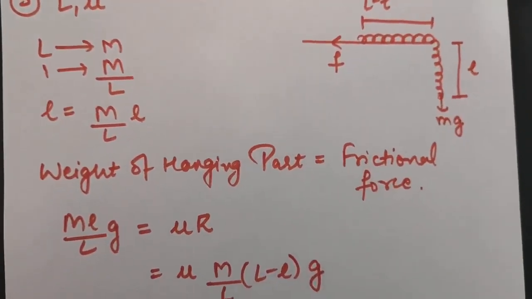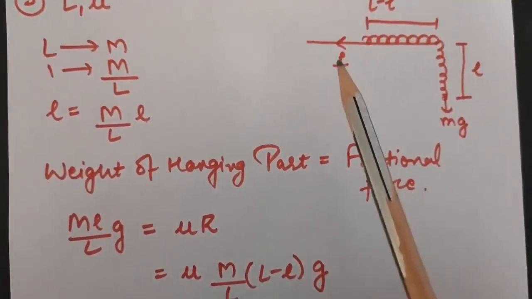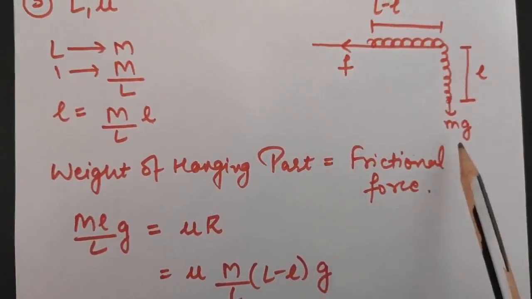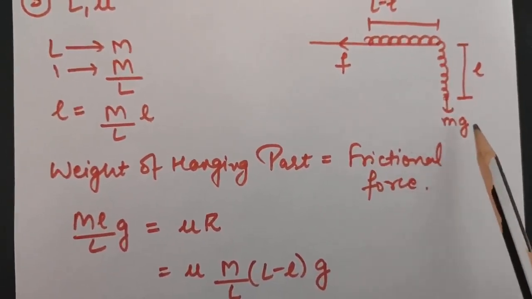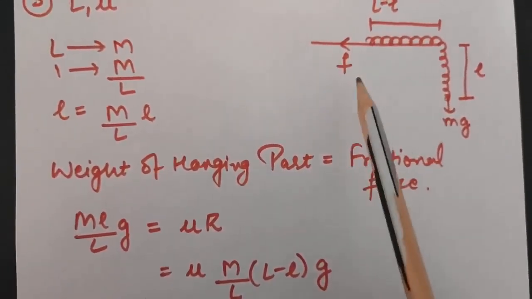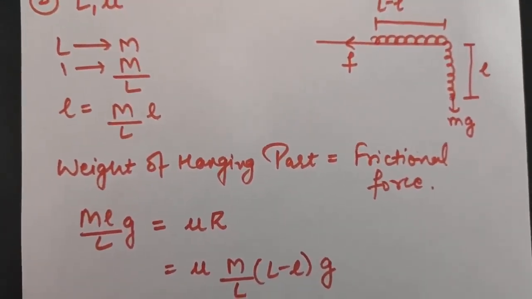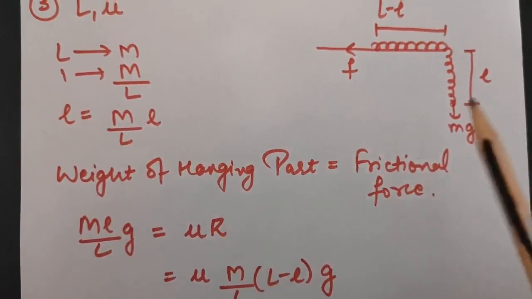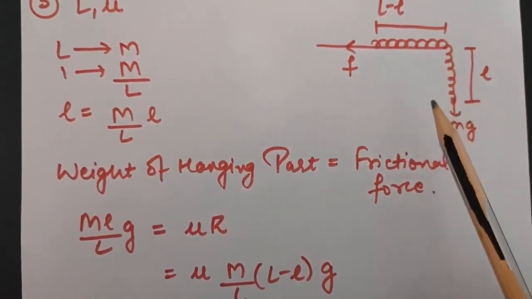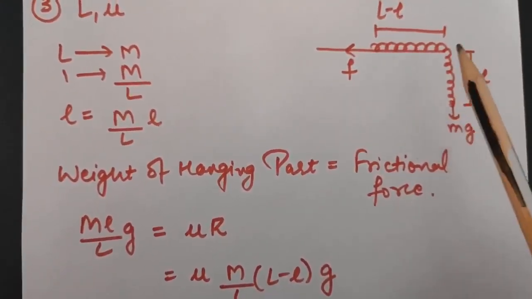So this system can only be in equilibrium when mg, that is the downward pulling force, is equal to the frictional force, then this chain will not fall down. So we will be using this only. To calculate mg, let us calculate the mass of this part of the chain.